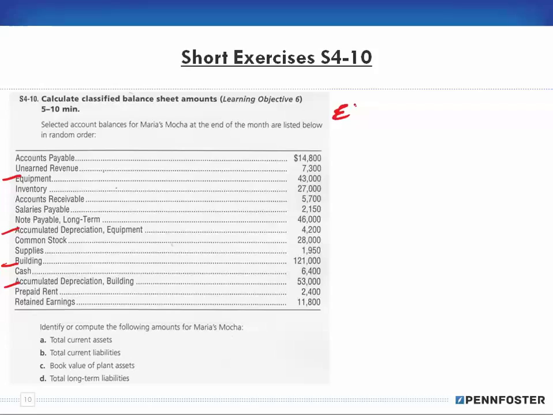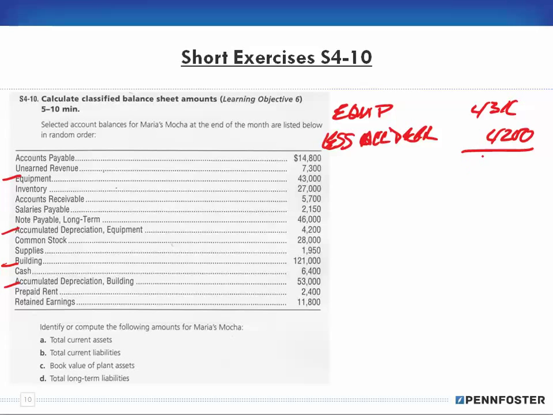So we have equipment, which is 43,000 less the accumulated depreciation of the equipment, which is 4,200.